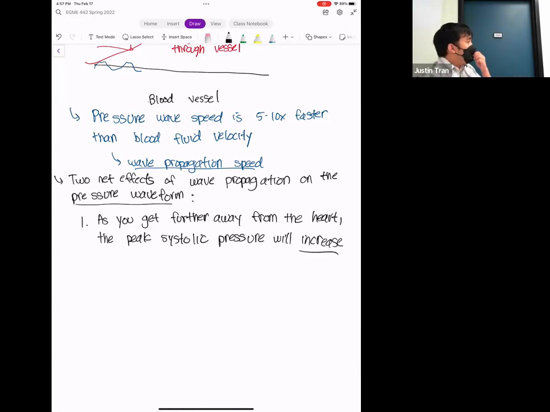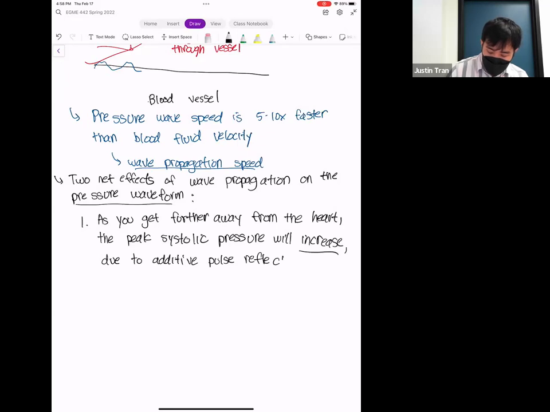And so if you compare the blood flow waveform right next to your heart versus maybe in your arm, then the peak pressure in your arm is actually going to be higher. And the main reason for this is because of the additive pulse reflections. And so when the pressure waves reflect off the capillaries, they interact additively with the incoming waves, and so that leads to a higher pressure.